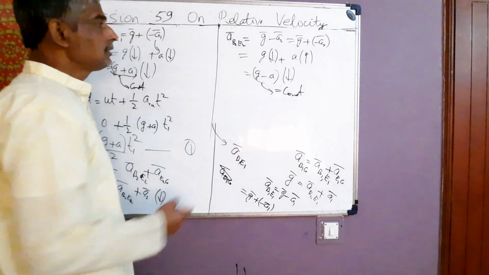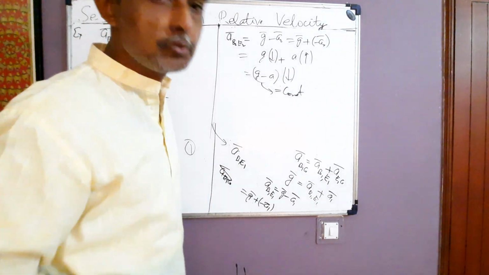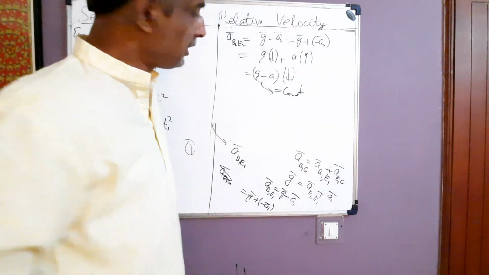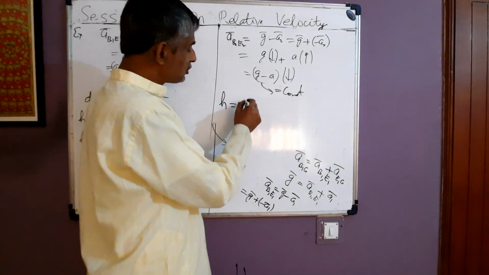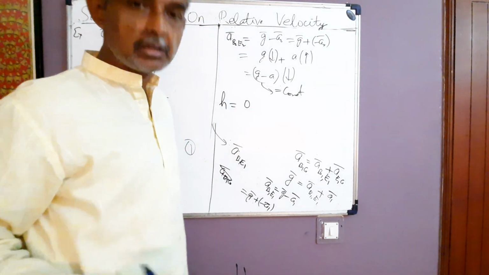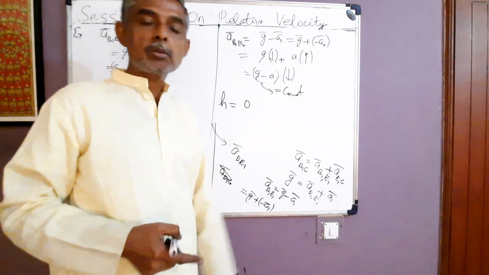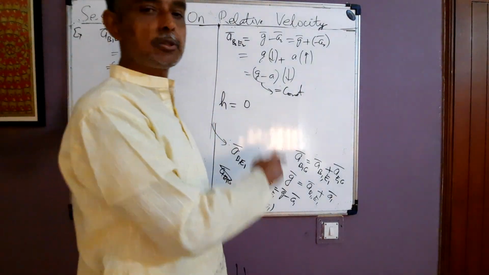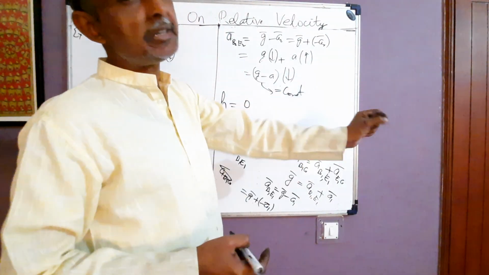Now since it is valid, we apply the formula ut plus half at square to bolt B2 in the frame of elevator E2. When bolt B2 falls from the ceiling of elevator E2 to the floor of E2, it undergoes a displacement of h with respect to elevator E2, with initial relative velocity again 0, as was in the case of elevator E1. Relative velocity, because we are applying this formula in the frame of the elevator. So u is the initial relative velocity of bolt B2 with respect to elevator E2 at the instant it begins to drop. At that instant, with respect to the elevator it is at rest.